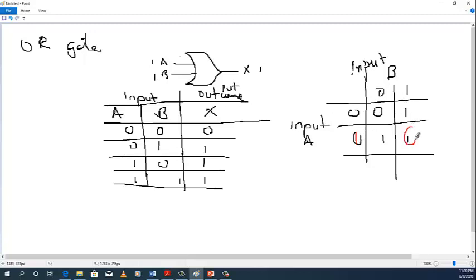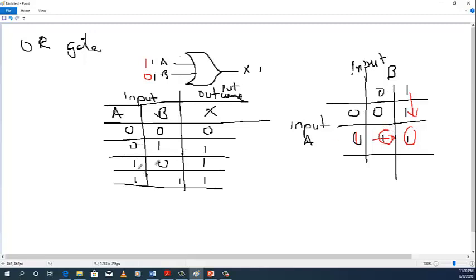Our result will be 1. So where they meet here is actually the result. Okay, let's suppose you have input 1 and 0. So you come here, A is 1 here, and B is 0 here, where they meet here. What is our result? It will be 1.